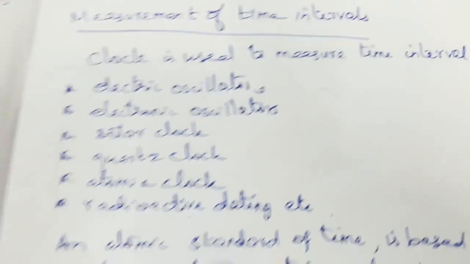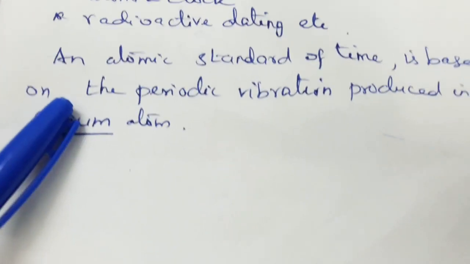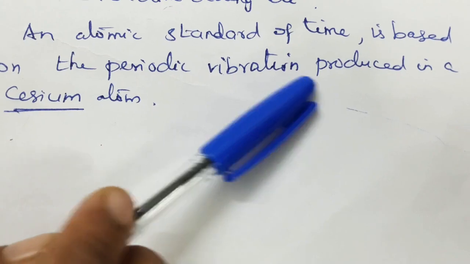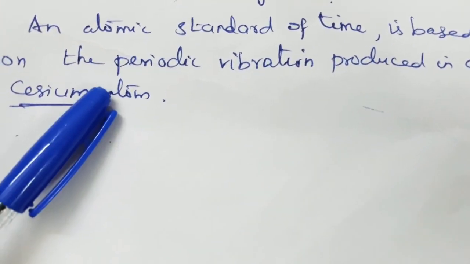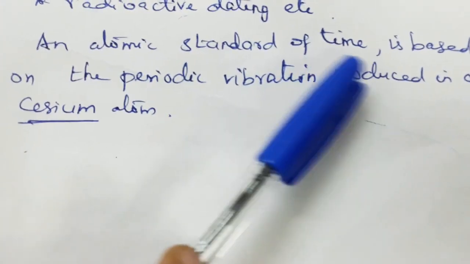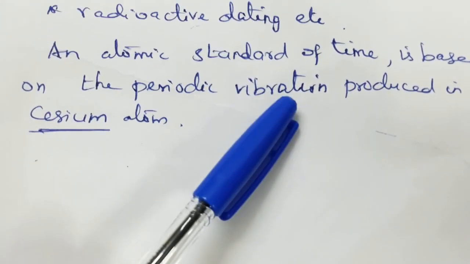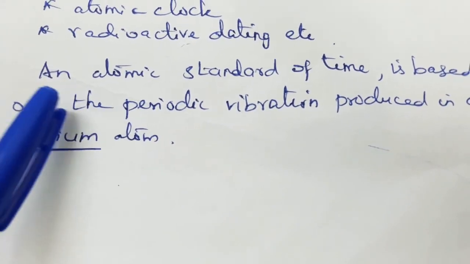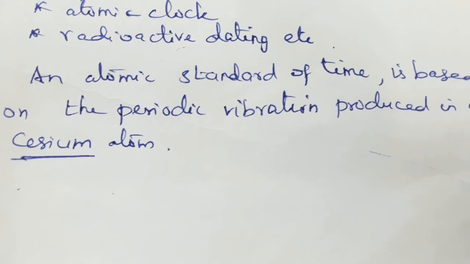An atomic standard of time is based on the periodic vibration produced in a cesium atom. The unit of time is second.